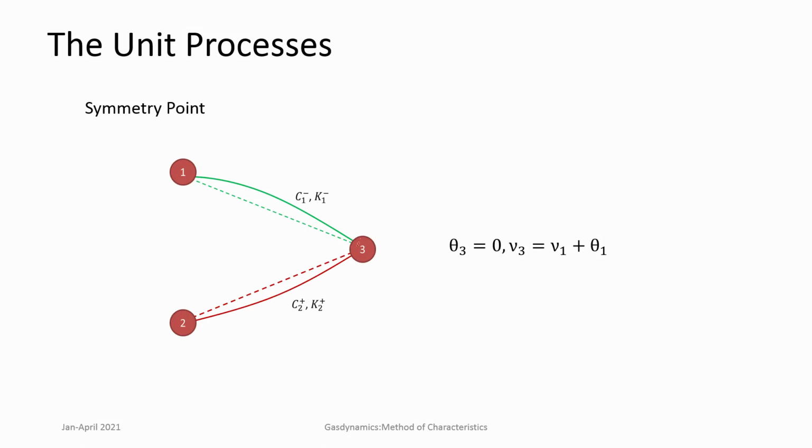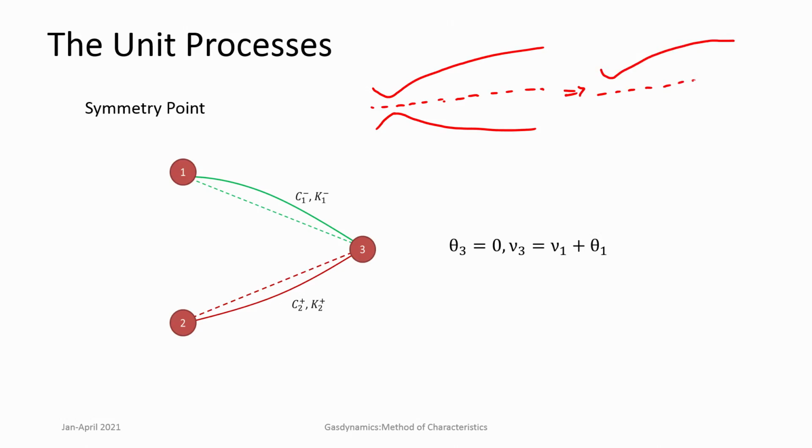Now, what happens if we have a point of symmetry? That point 3 actually falls on the symmetry line. For example, you can take a nozzle of this kind which is exactly symmetric about the center line. Then generally we do not solve for the entire plane because it is symmetric about the center line, and we solve only one half of this.